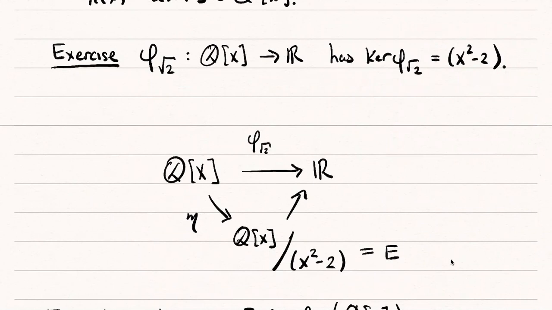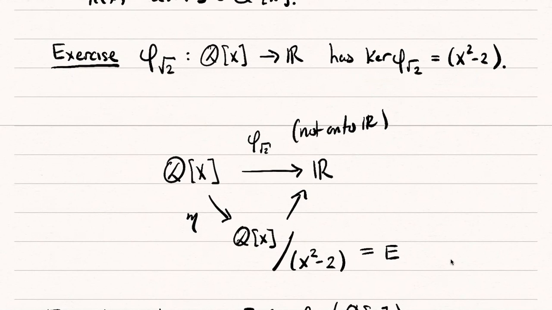Okay, if something is in this kernel, it's a multiple of that. Trivially, any multiple of this is in the kernel, but you should write it down. Okay, so that's a ring homomorphism. It's not onto. I'm going to write that down to emphasize it. It's not onto R. Not every real number is achievable by evaluating a rational polynomial at the square root of 2.